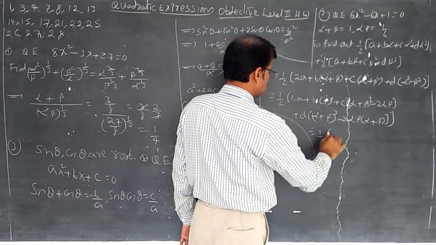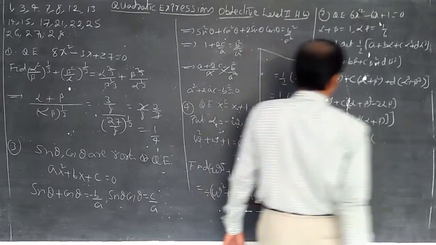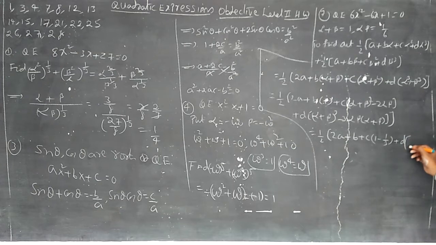That is equal to 1 by 2 into 2a plus b plus c into alpha plus beta whole square, which means 1 minus 2 by 6, 2 by 6 becomes 1 by 3, plus d into alpha plus beta whole cube, 1 minus 3 by 6 into 1. 3 by 6 means 1 by 2.